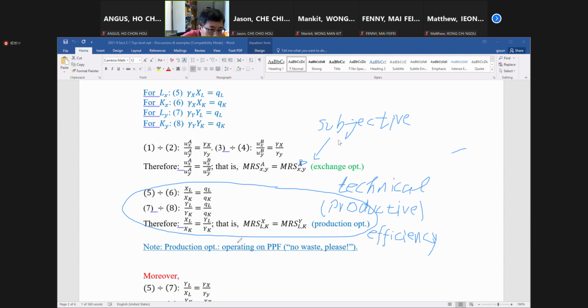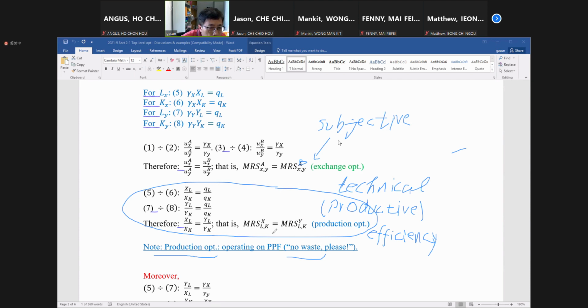Now, one point I should mention is that when we talk about production optimum, what's the economic meaning of that? The economic meaning is don't waste any resource, no waste, please. In other words, we should produce as much of the goods X and Y as we can.